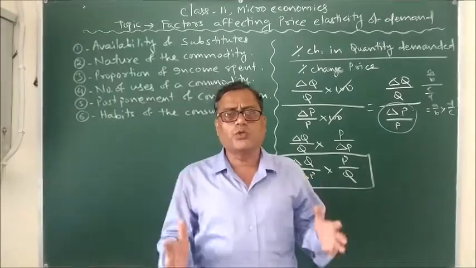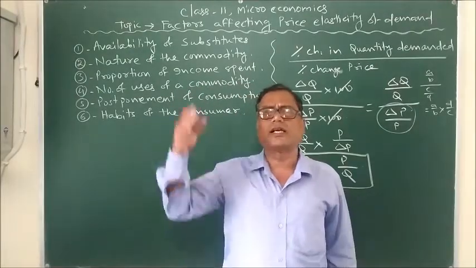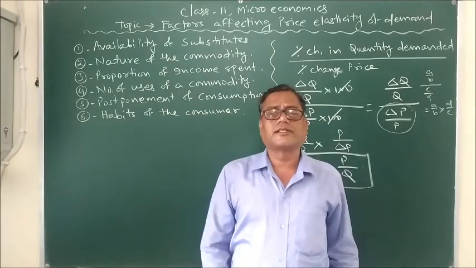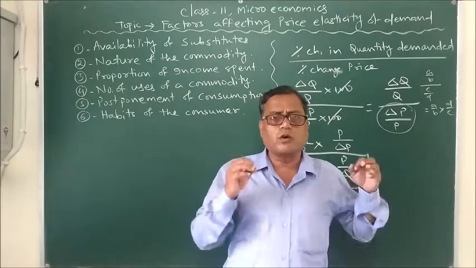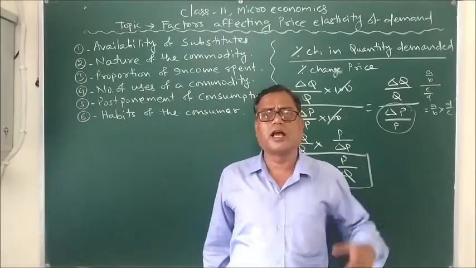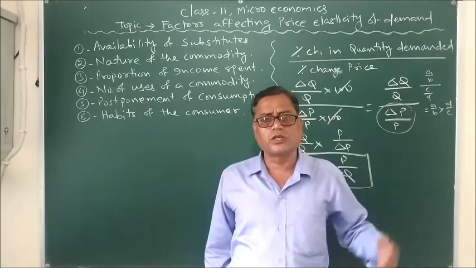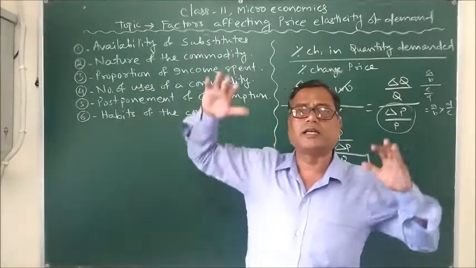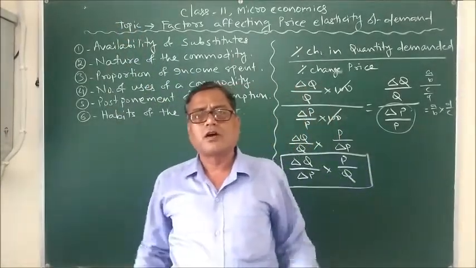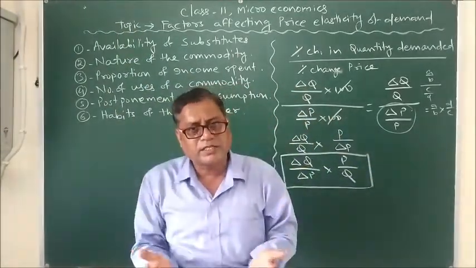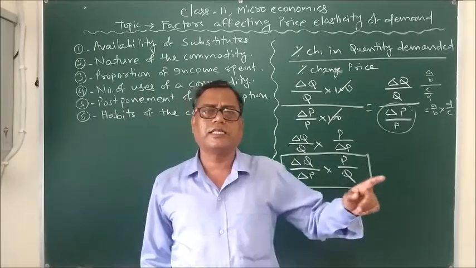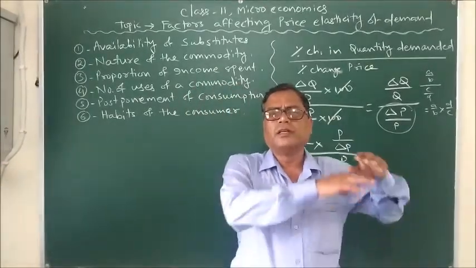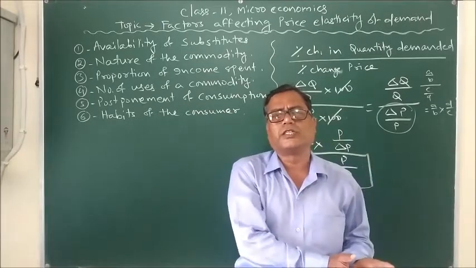Comforts are those goods that increase our efficiency, like an AC. And necessities are those goods without which we cannot manage, like life-saving drugs, like salt, all those things. Thus, luxury has a higher degree of elasticity of demand, comfort has a moderate degree of elasticity of demand, and necessities have a very low degree of elasticity of demand.